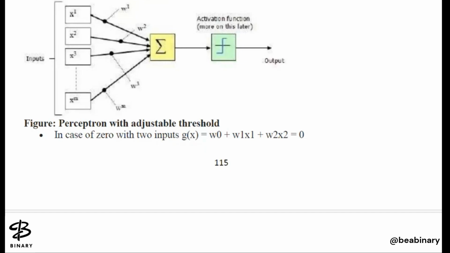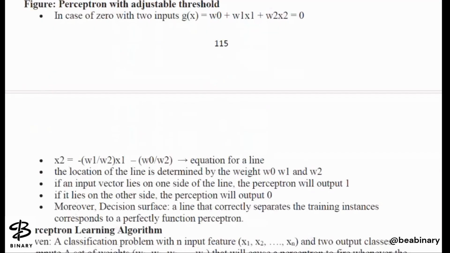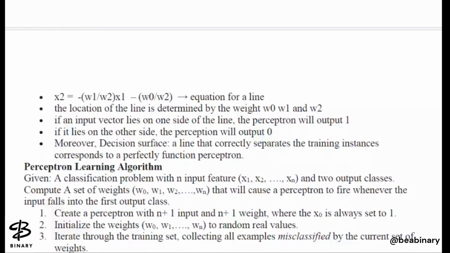This figure is showing how the perceptron works, what the neuron is, and how our neuron or perceptron is working with the help of various adjusted thresholds. In case of 0, with the two inputs, W0 + W1x1 + W2x2 = 0, so x2 = -(W1/W2)x1 - W0/W2, which is the equation for a line, and the location of the line is determined by the weights W0, W1, and W2.